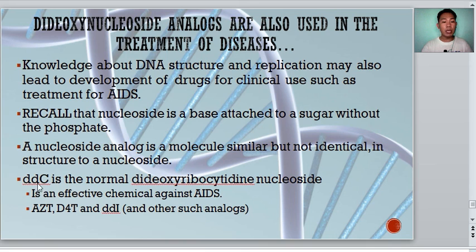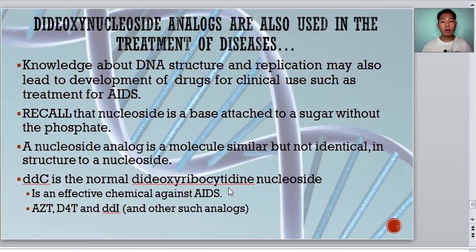DDC is 2,3-dideoxycytidine. D4T is 2,3-dihydro-2,3-dideoxythymidine, and DDI is 2,3-dideoxyinosine.